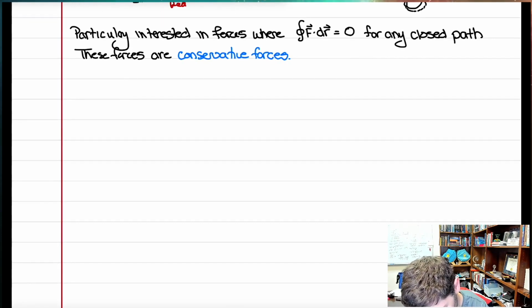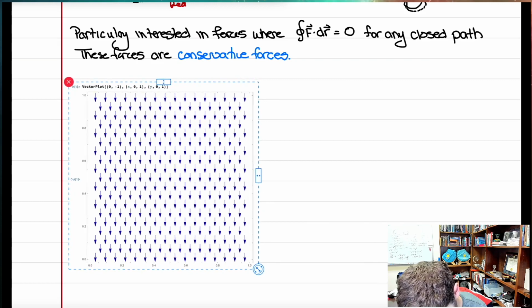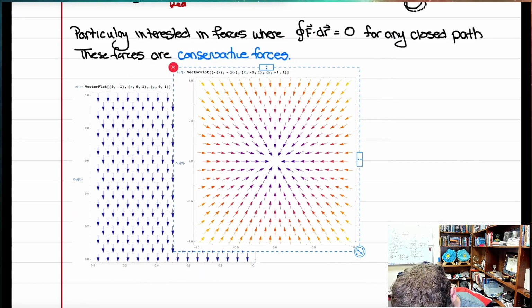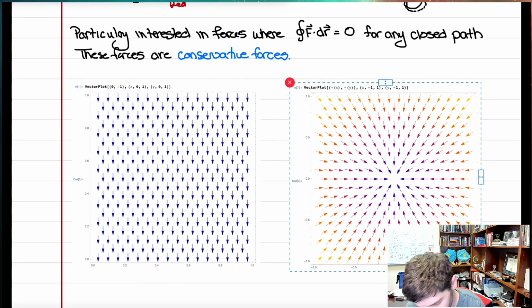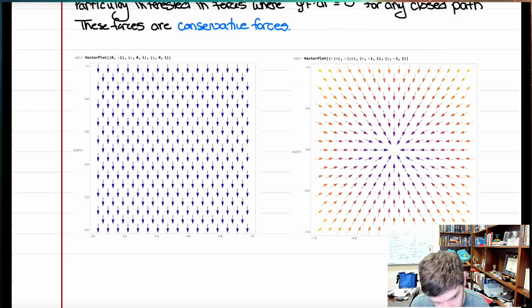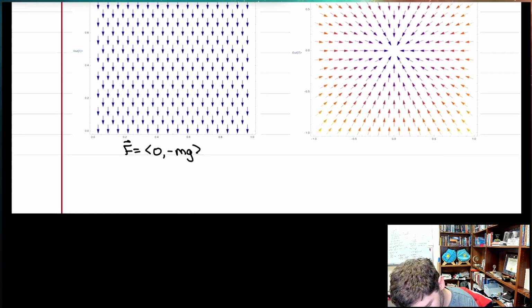And just to motivate this a little bit more, maybe let me put 2 other vector fields down and we can talk about them a little bit. So here's one where it'd just be kind of uniform gravity. And then this one, which is kind of an attractive force, that's kind of a central force. So this might be something like Newton's law of universal gravitation. So this one might be kind of F equals, in 2D, 0 comma negative mg.